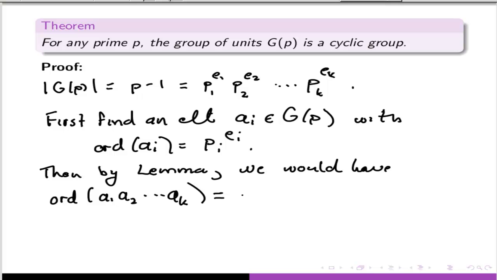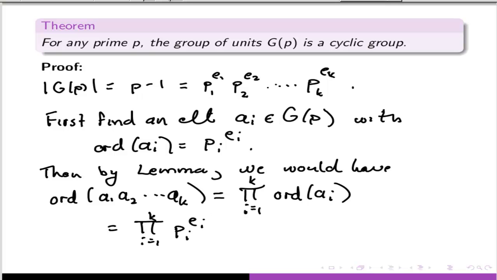So this would just be the product, as i goes from 1 to k, of the orders of the individual elements. Aha! That is just the product of pi to the ei, but that's exactly p minus 1.